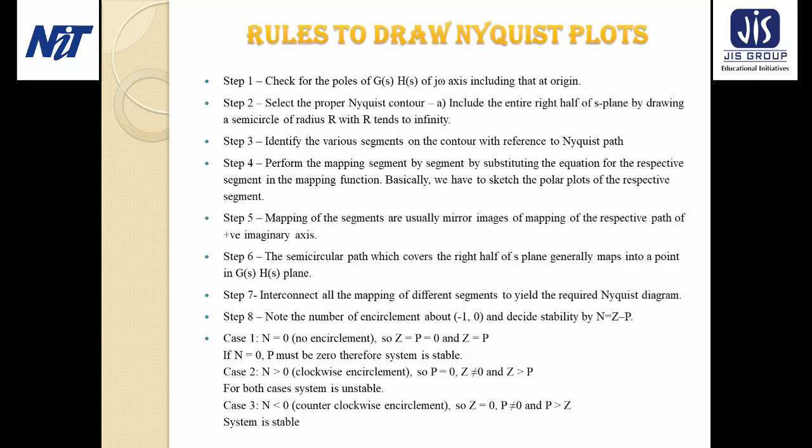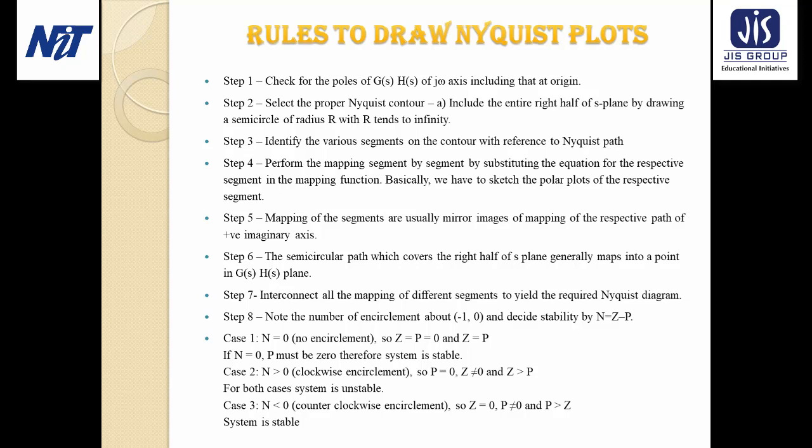That means if the system has a pole at the origin, then we need to select one type of contour, and if the system does not have any pole at the origin, then we will select another type of Nyquist contour. But in all the cases, the Nyquist contour will include the entire right half of the S plane by drawing a semicircle of radius r, where r will tend to infinity.